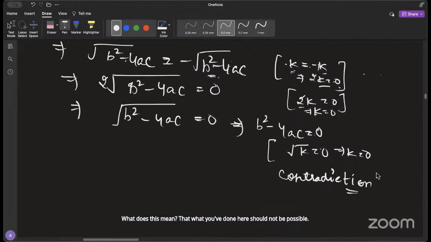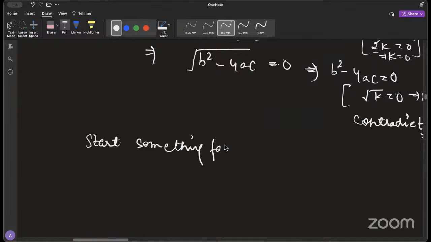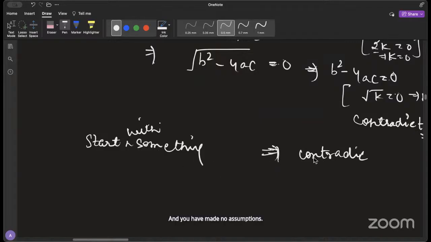What happens is, if you start with something false, it might not result in a contradiction. But if you start with something and you have made no assumptions while you've done this entire thing, and this leads to a contradiction, that means what you started with is incorrect, right?